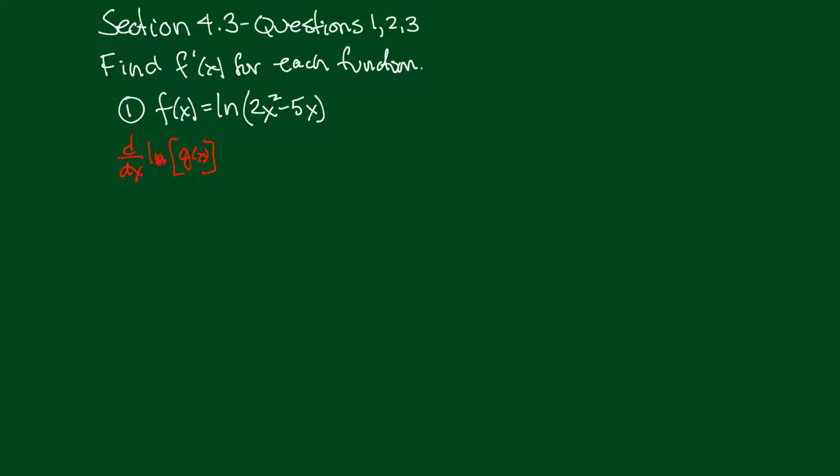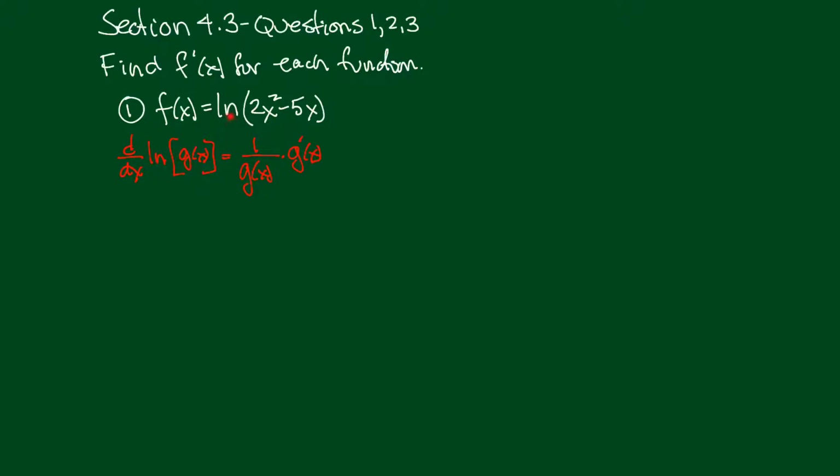We've got the natural log of some function, and the way this goes is it's 1 over the argument, so 1 over the inside, times the derivative of the inside. So let's do that for this one.